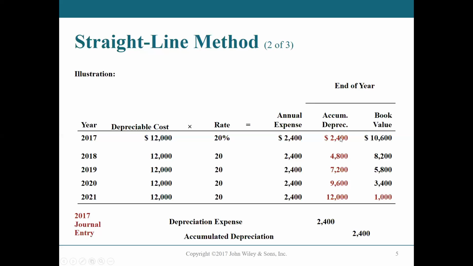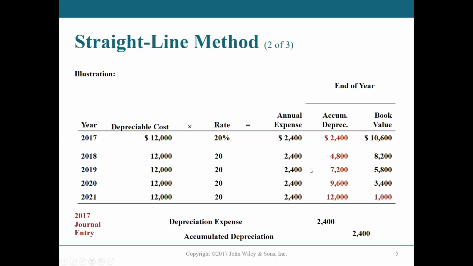So you'll see after the 5 years, what we'll be left with as our book value is our salvage value, what we anticipated up front the asset would be worth. That way, when we sell it off, if we really can sell it off for $1,000, we break even on the asset and we're good. That's just an estimate, so sometimes you'll get more for it than you thought you would, or sometimes less.